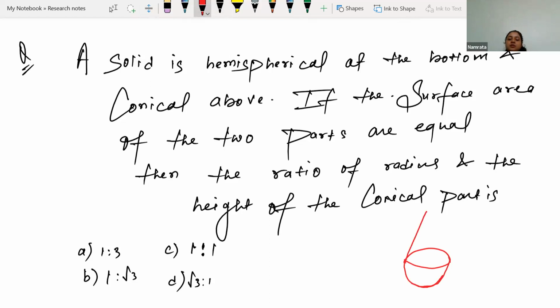Above that, cone is there. This is how the solid looks. If the surface area of the two parts are equal, so surface area of this one and surface area of this one, both are same.